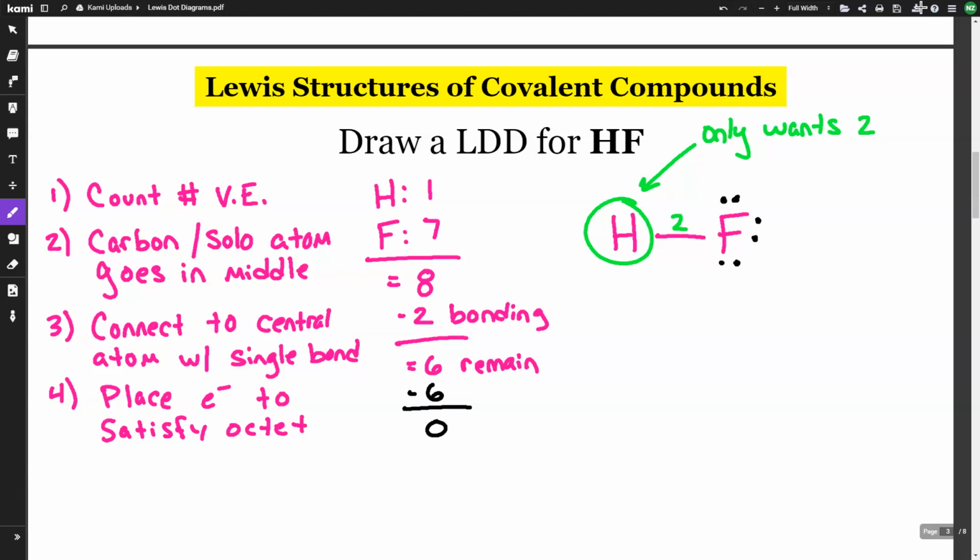Again, hydrogen gets to claim the 2 in the middle. Fluorine gets to claim the 2 in the middle, and then it also has 2, 4, 6, plus the 2 here is 8. So fluorine is happy. Done.